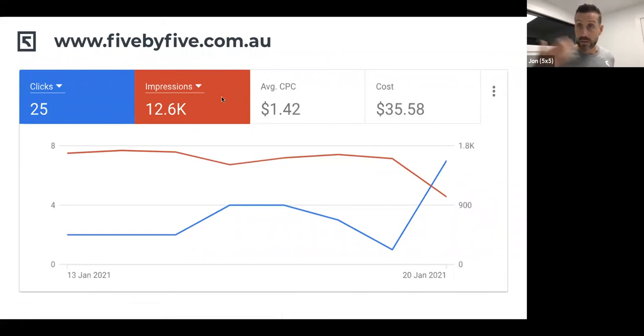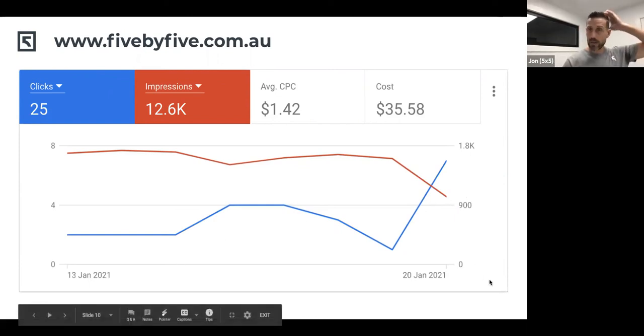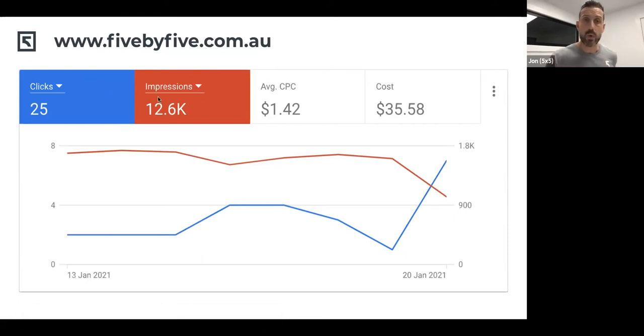Now, we are doing this. We eat our own dog food. This is what generates us results. And just generally, when we talk to clients, they're like, "Yeah, I see your ads all the time out there on the internet." So this is our campaign. This is just a snapshot of a week. And in this week, we've had almost 12,500 impressions.